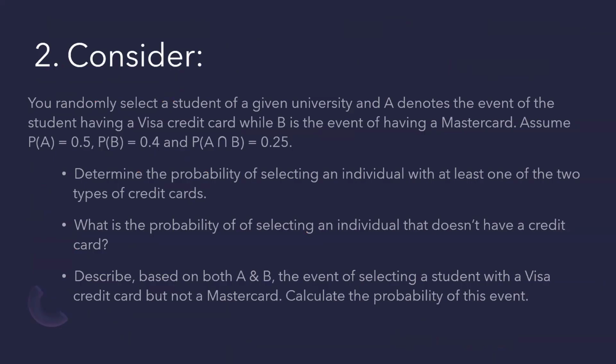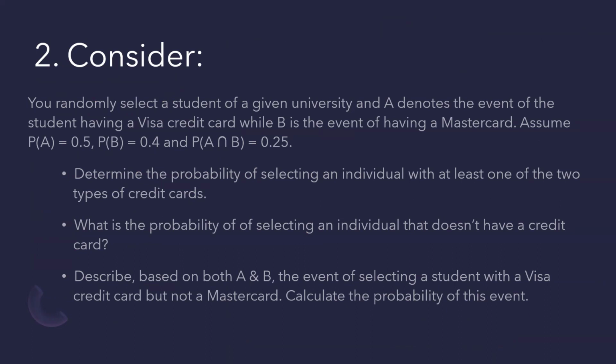Now, consider you select a random student in a given university. The event A is going to denote the event of a student having a Visa card, and the probability of B is going to be that the student has a MasterCard.